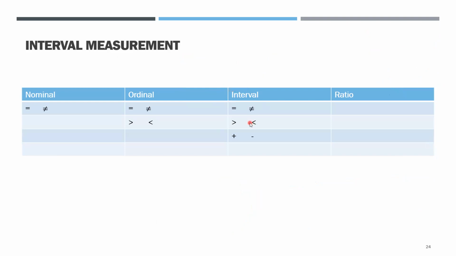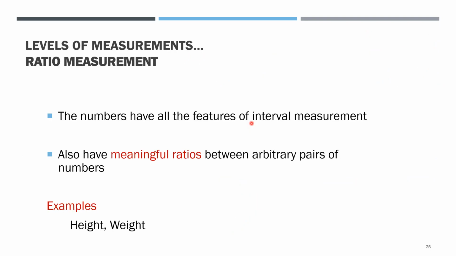You can check whether the two values are equal or one is greater than the other, and also you can get the differences. And if you go to the next level, ratio scale measurements, right, other than all the things that you could do in the previous category, you can meaningfully calculate the ratios between arbitrary pairs of numbers, right? අර කලින් කියපු characteristics වලට අමතරව ඔයගලන්ට ratios ත් calculate කරන්න පුළුවන්.